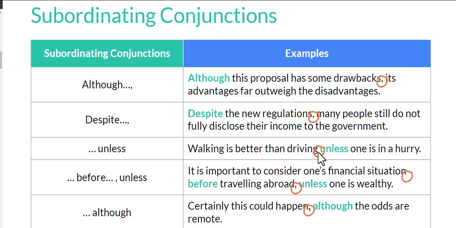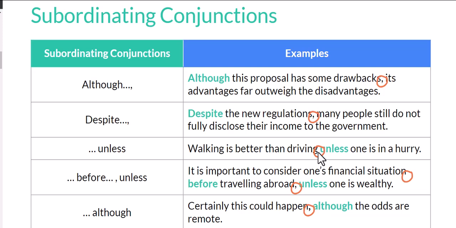And then we have before. Then after before we need to add extra information, traveling abroad. We use before unless one is wealthy. I know this sounds complex for you, but you are going to use it. I know that. Certainly these clouds happen, although the odds are remote.